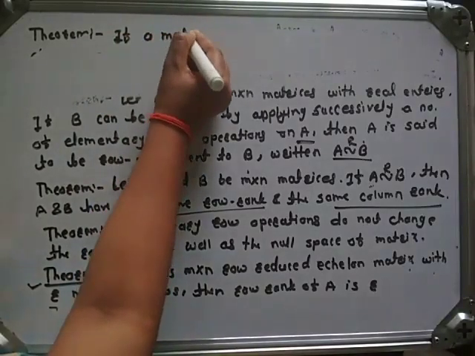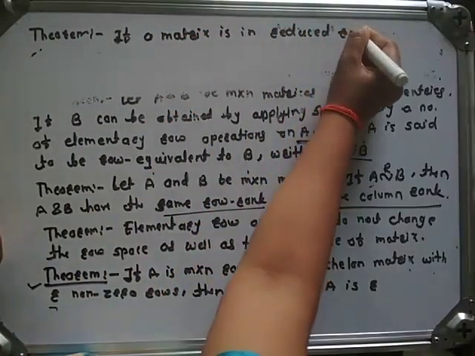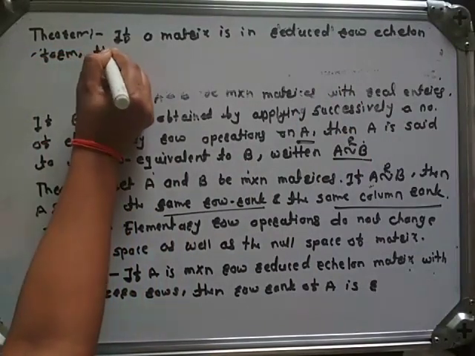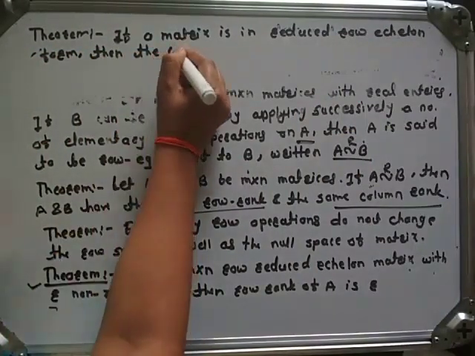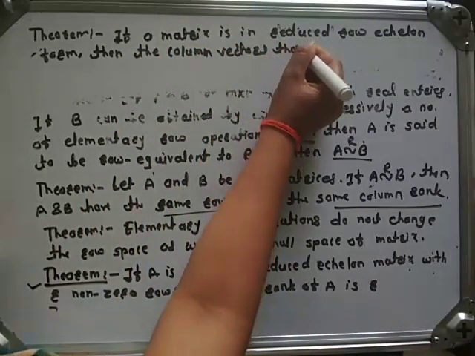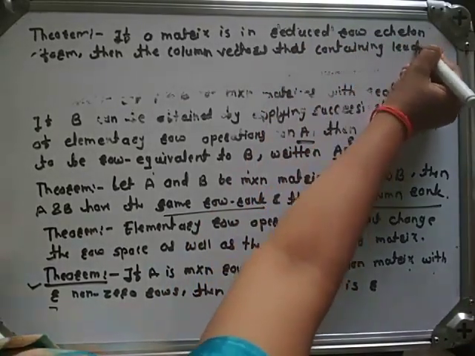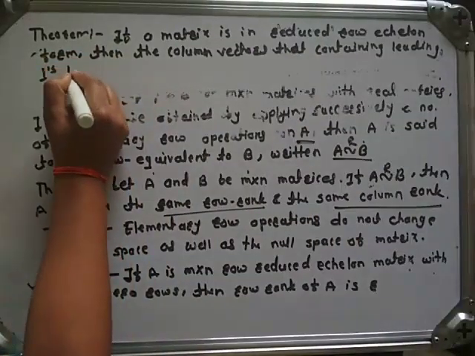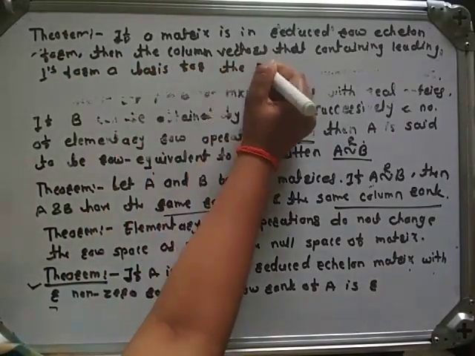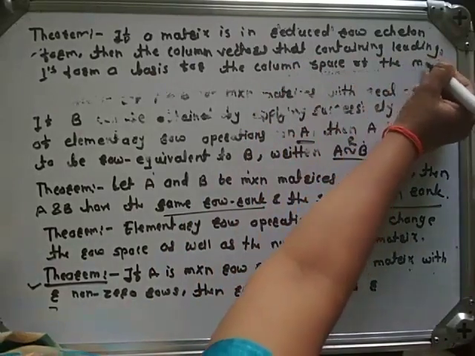If a matrix is in reduced row echelon form, then the column vectors containing a leading one form a basis for the column space of the matrix.